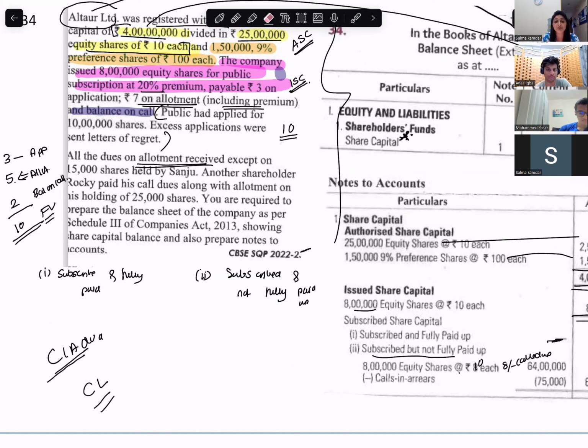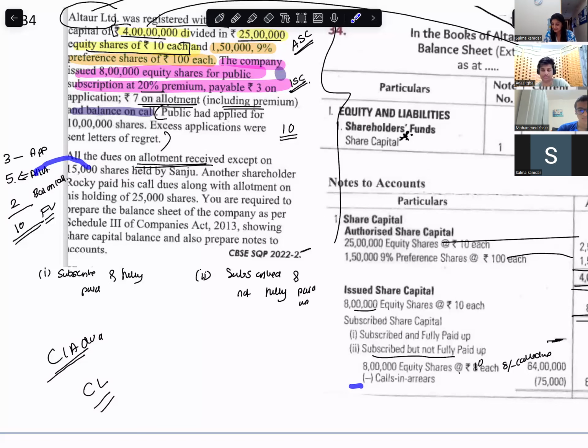Yes, because application I will always receive. Without application, allotment will not happen. Okay. Sanju is a person who has not paid me for 15,000 shares. So 15,000 into how much? 15,000 into 5.